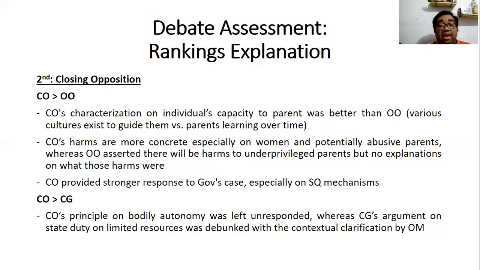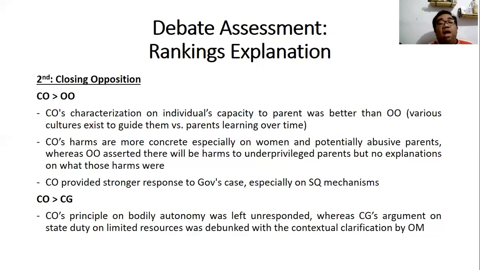Whereas if we were to compare on the principle argument that closing government brought, they talked about the state duty on limited resources, which closing opposition managed to debunk when, in the opposition member speech, they provided a contextual clarification about the distinction between developing nations and the developed world and why a lot of the arguments and the stances that closing government wanted are simply contradictory because they exist in two different contexts.